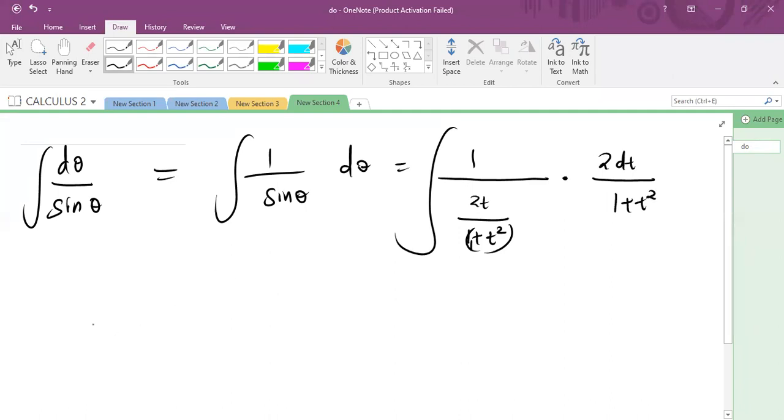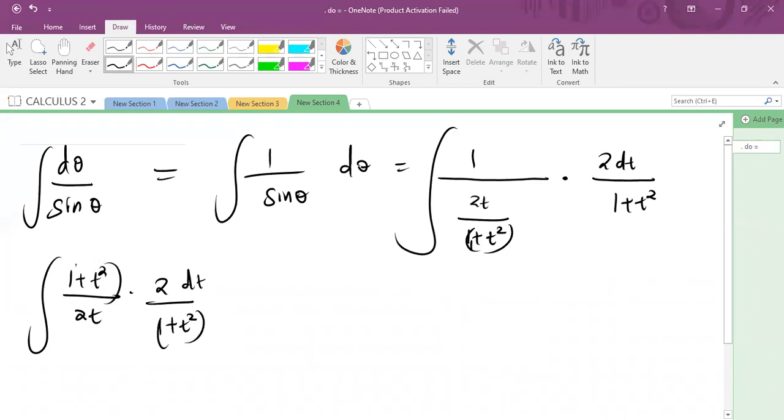So simplifying that, then carrying out the integral, we will have 1 divided by the whole of this, which is the same as multiplying by the reciprocal. So I have the integral of 1 plus t squared, all this divided by 2t, multiplied with 2 dt, all this divided by 1 plus t squared. This and this are similar, so they can cancel out, so that I remain with the integral of 2 over 2t dt.